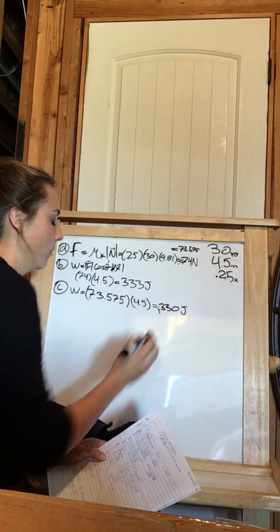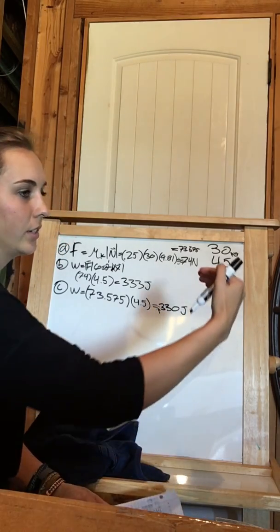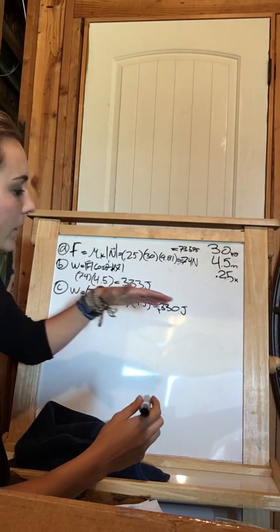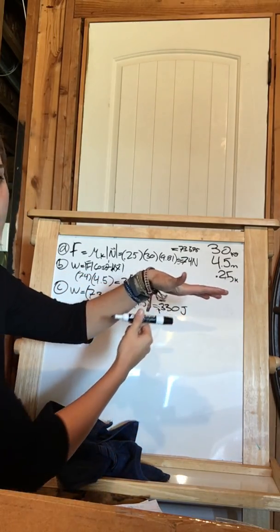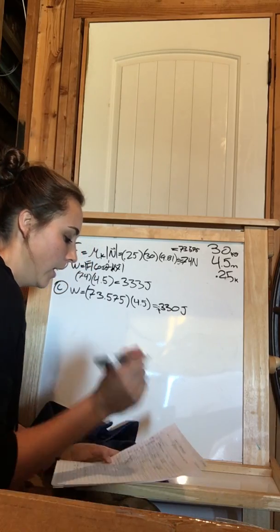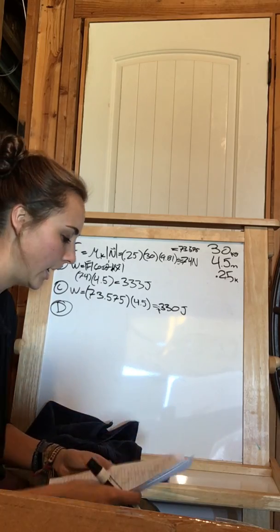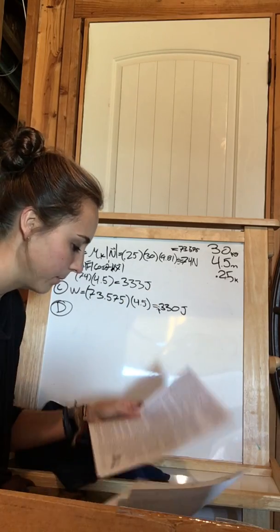And that negative, we know, because if the crate's moving this way, friction is going to be pushing against it this way, so that's going to be negative work. It's weird that they do that, but this weirdness will come later.